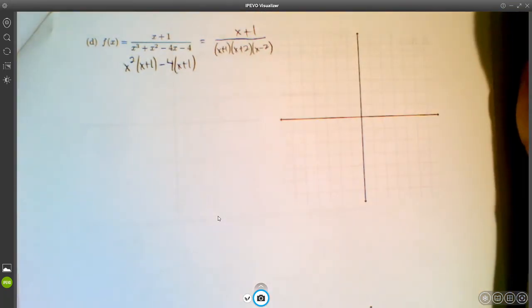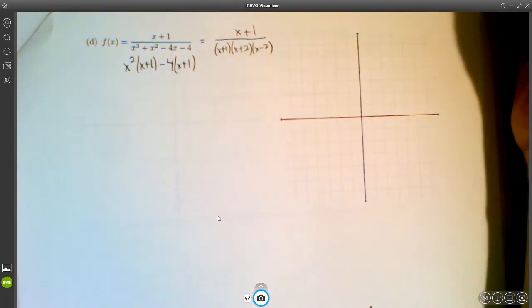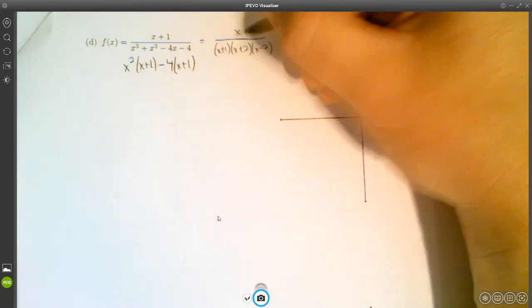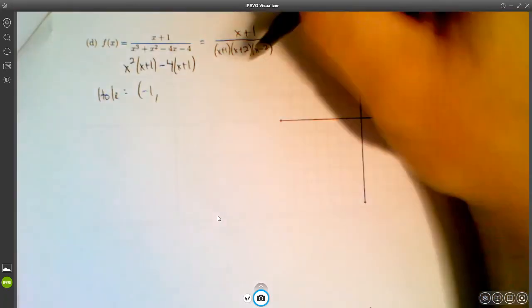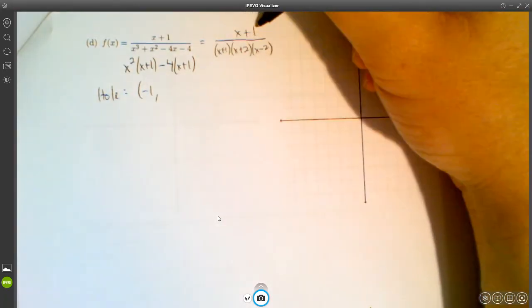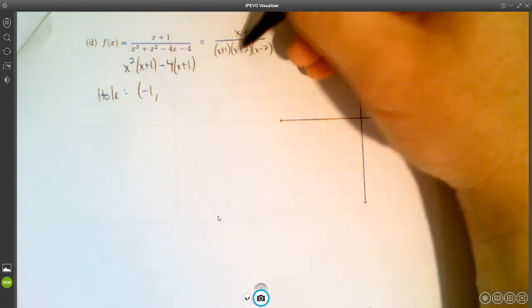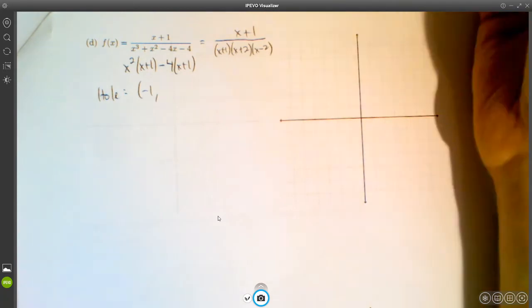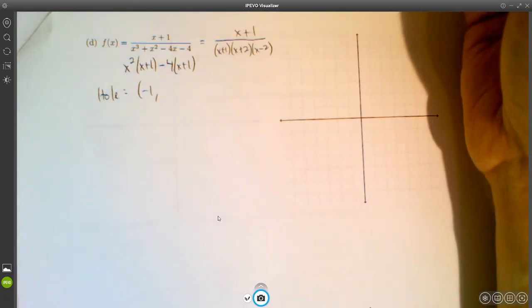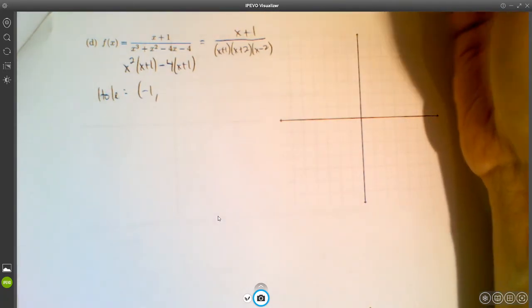Okay, so all kinds of information here. We know that we've got a hole at negative 1. What's the y-coordinate? Well, if I canceled those and then plugged in negative 1, I'd have 1 over 1 times negative 3, so negative 1/3.